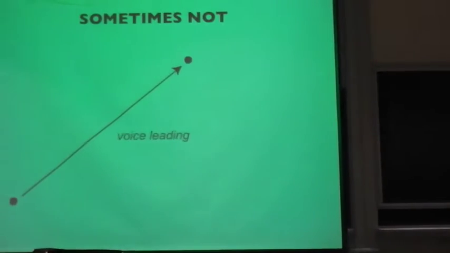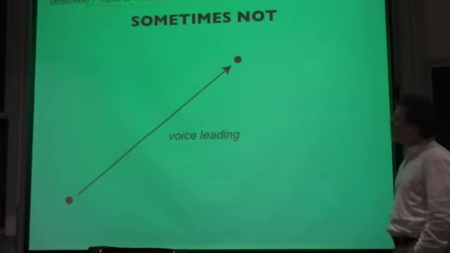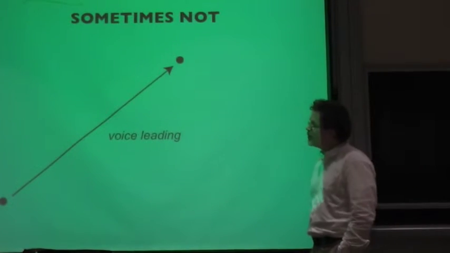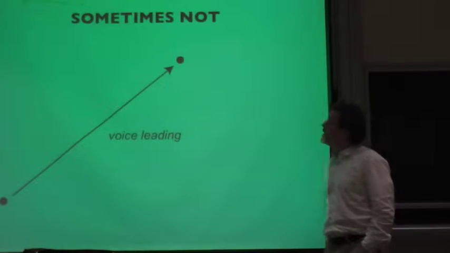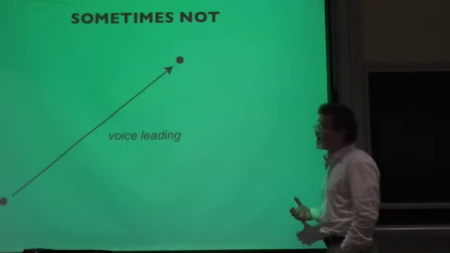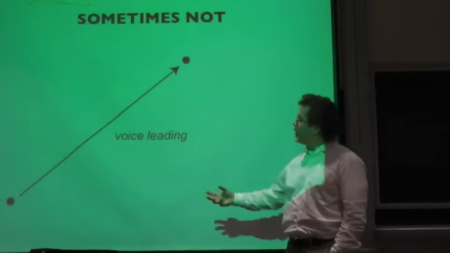In other cases, it is not at all obvious how to cash out this metaphor of points and locations and vectors and transformations between these locations. In particular, we musicians like to talk about something called voice leading, which roughly speaking is a way of getting from one chord to another chord.